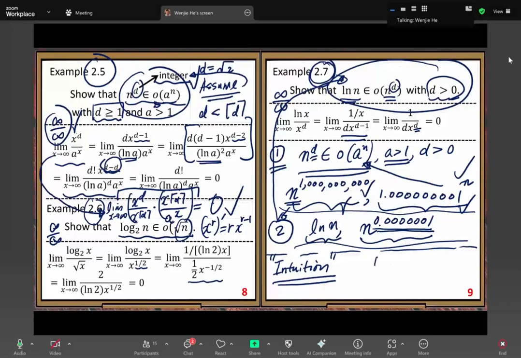The deadline is July the 12th, Sunday. So you have this weekend you can work.